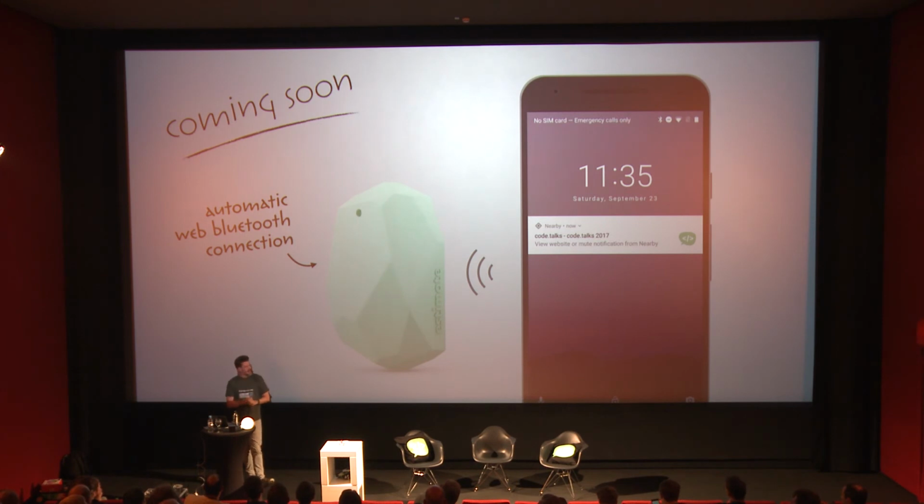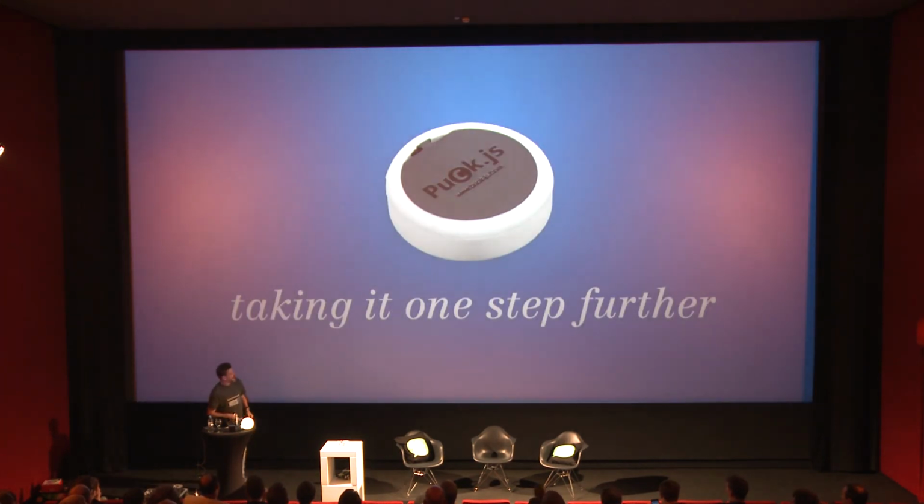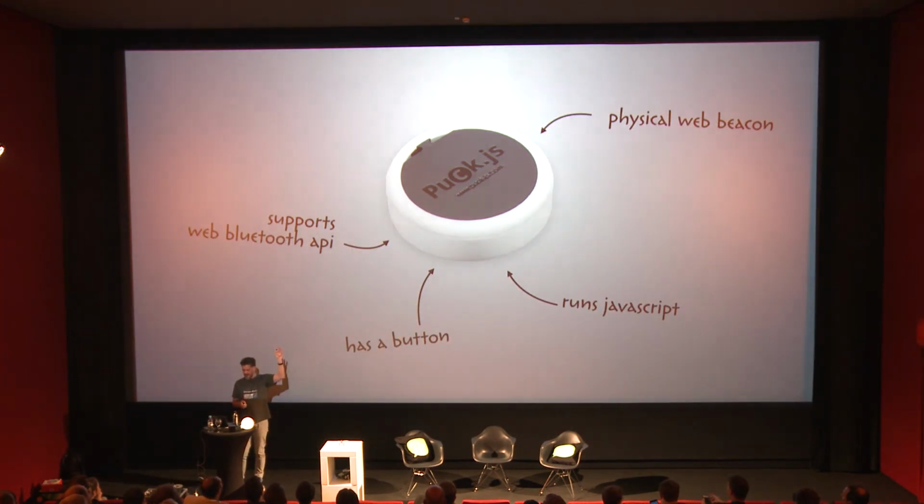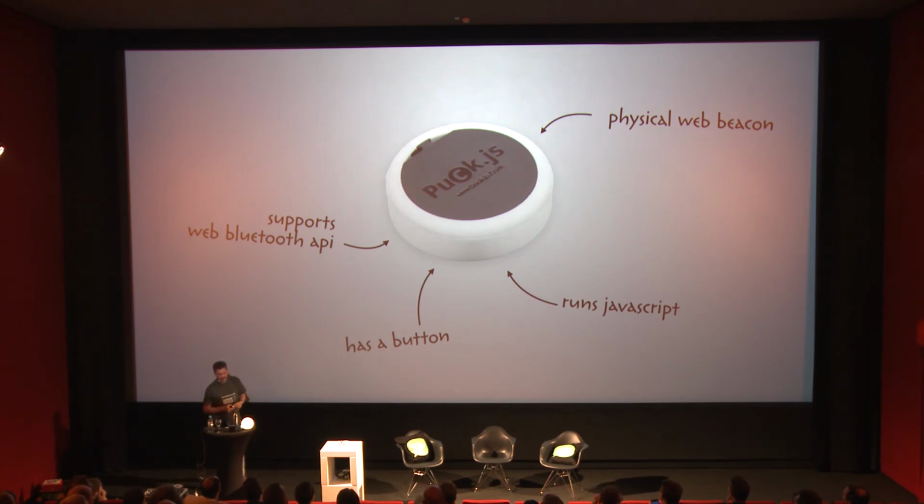You could actually take this one step further with something like this. This is called a PuckJS. Again, it's really small. I have one right here. And it supports physical web. It's a physical web beacon, but it has a button and it runs JavaScript.